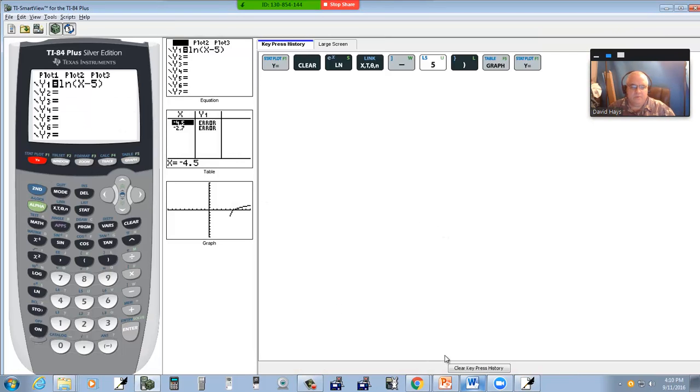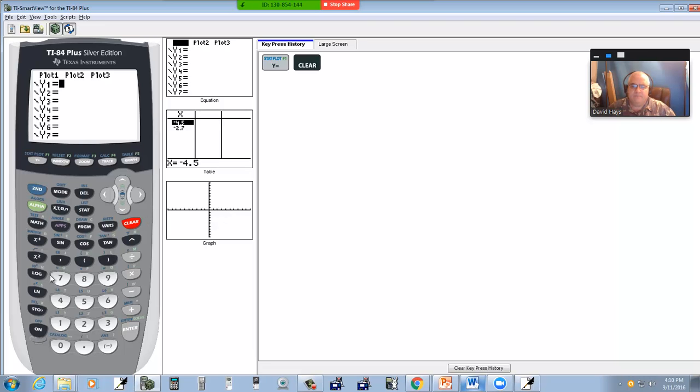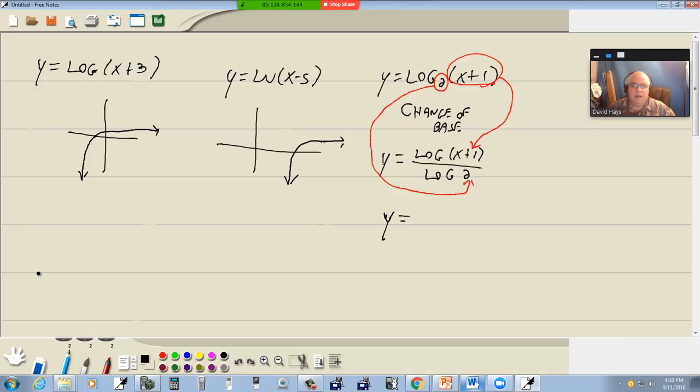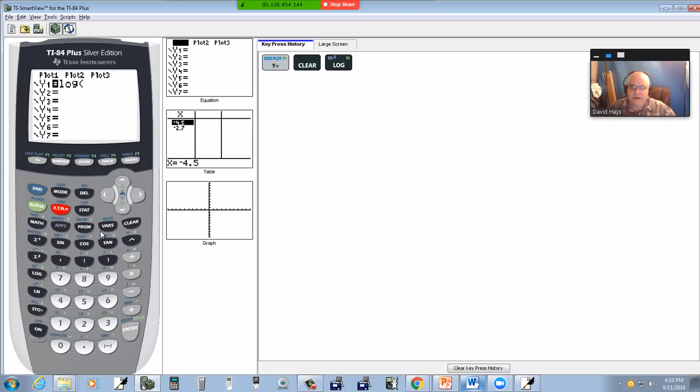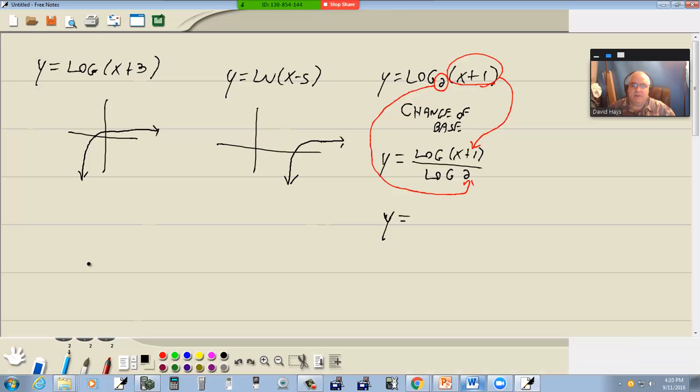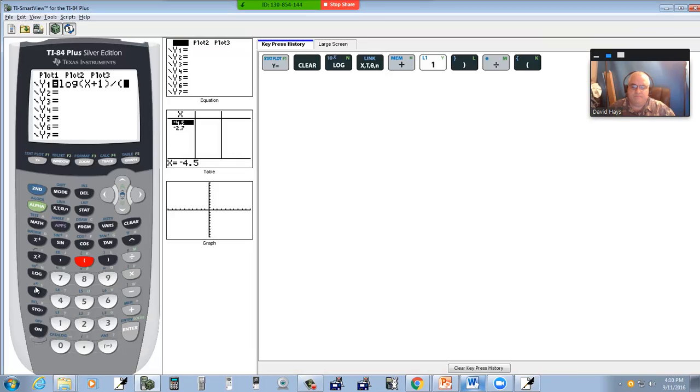So go to y equals, clear, now do my log x plus 1, closing parentheses, divided by beginning parentheses, log 2, and then closing parentheses.